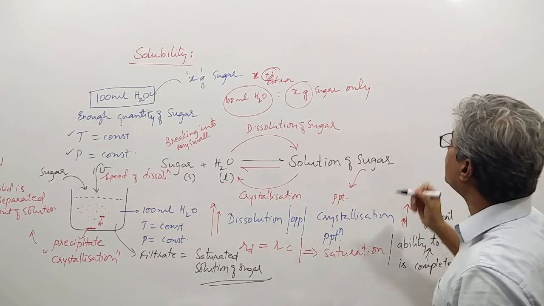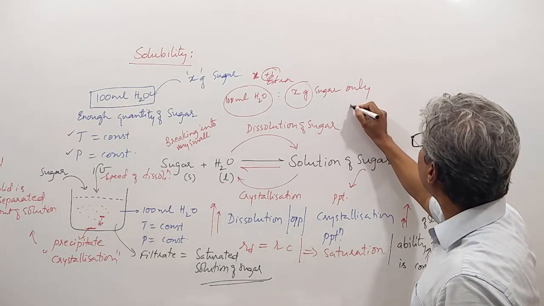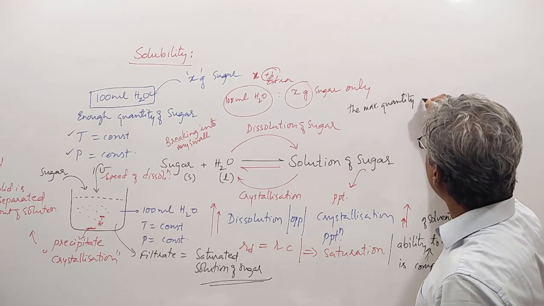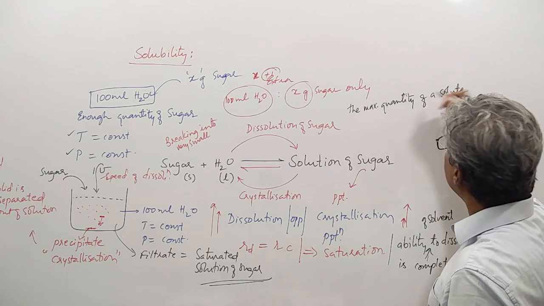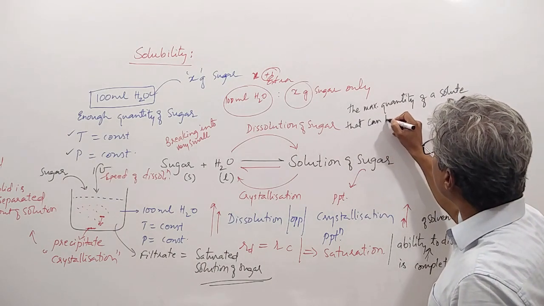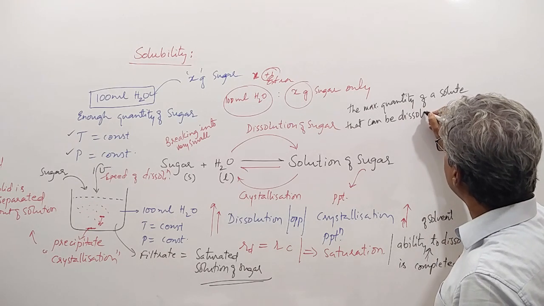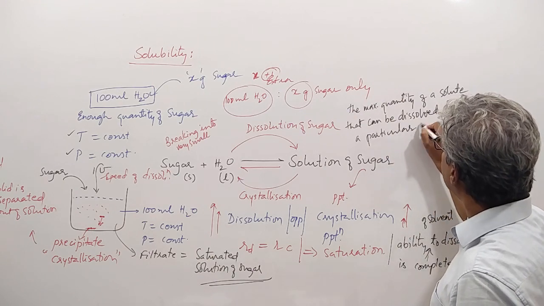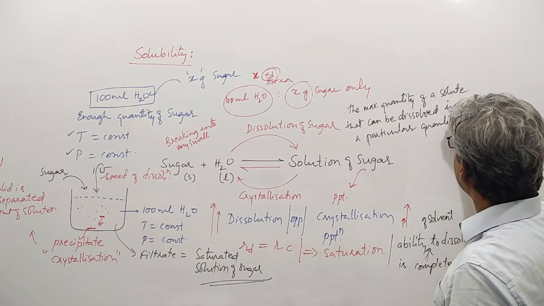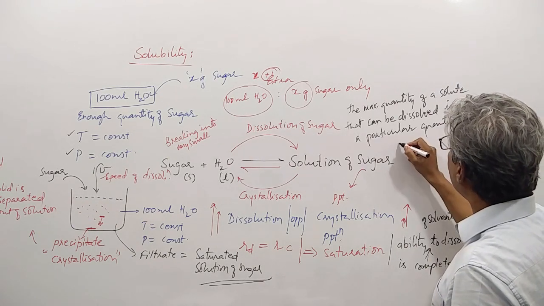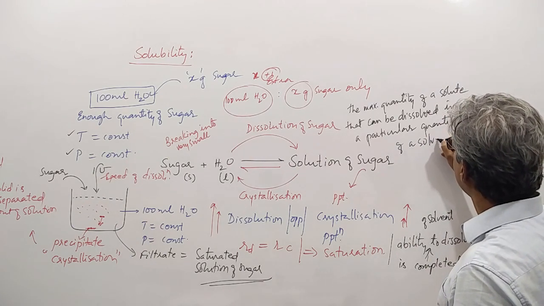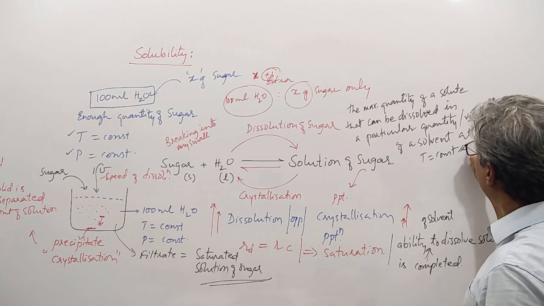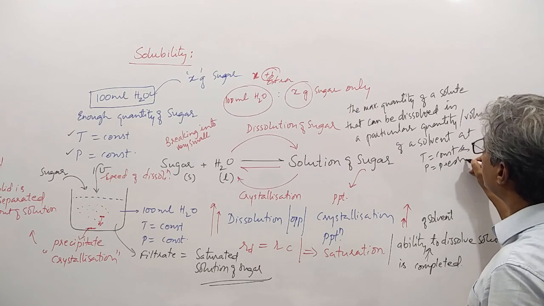Therefore, solubility is nothing but the maximum quantity of a solute that can be dissolved in a particular quantity, which can be a volume, of a suitable solvent at constant temperature and constant pressure.